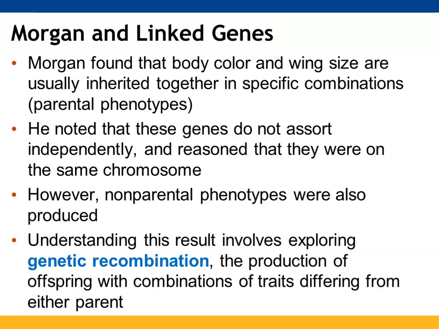So they most likely are on the same chromosome. But because you're having these non-parental phenotypes also show up, something else had to be at play. And this was support for crossing over in meiosis, because we were having genetic recombination. We were having offspring produced that had traits that were not the same as what we're seeing in the parents of those offspring.